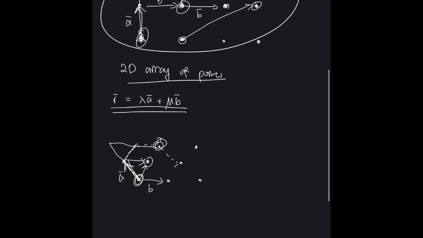We can consider other things as well. So, for example, if instead of a hexagon here, we have a pentagon.